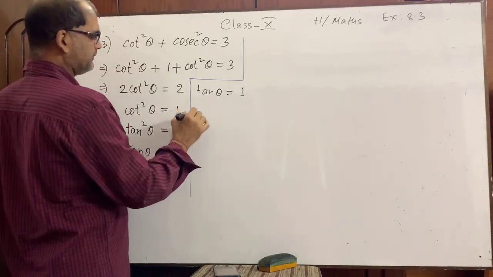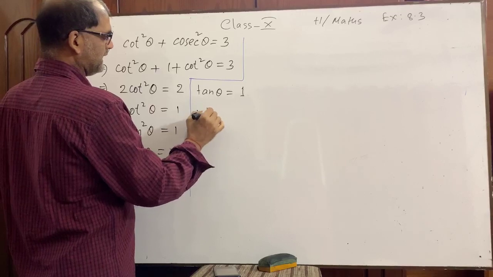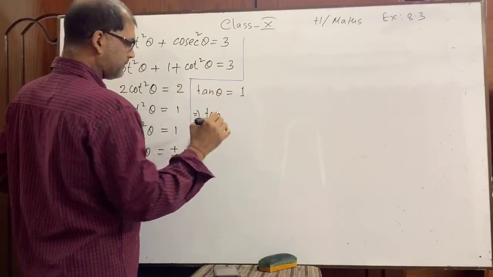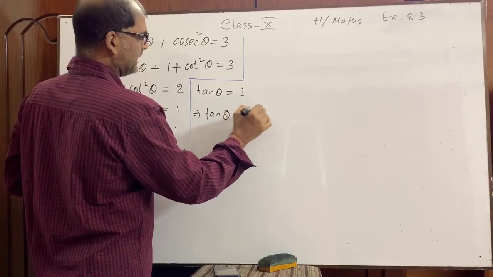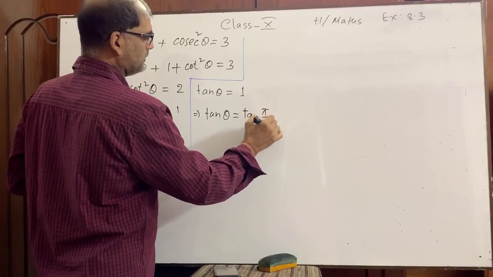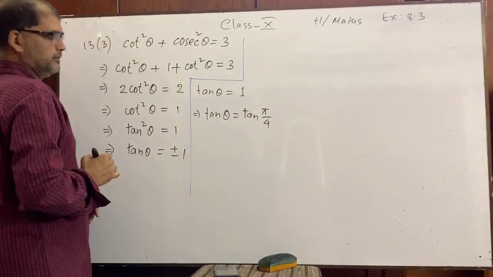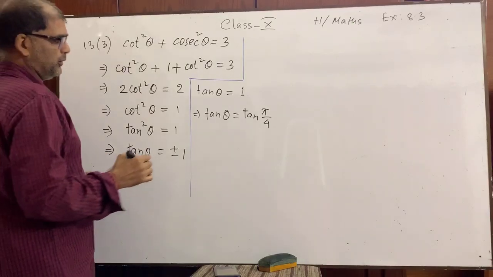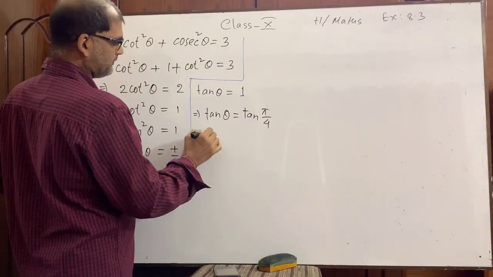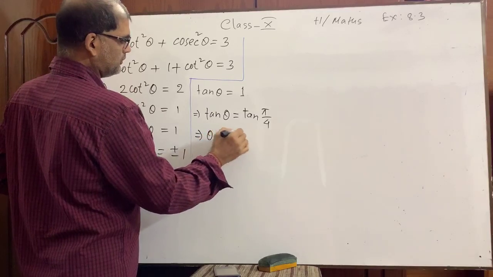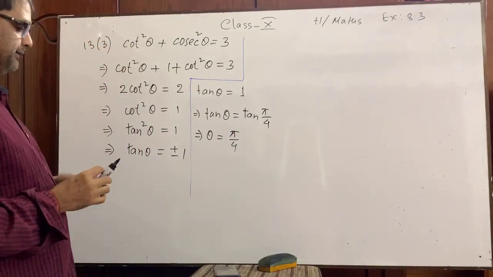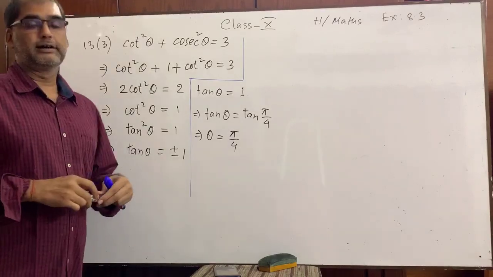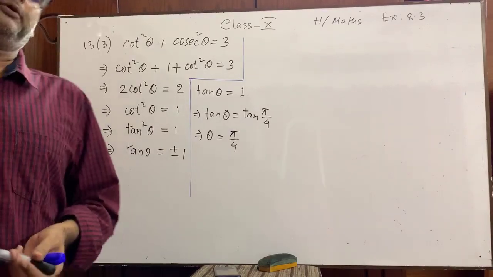That means tan theta equals tan pi by 4. So we can write theta equals pi by 4. Okay? We can write theta equals pi by 4.